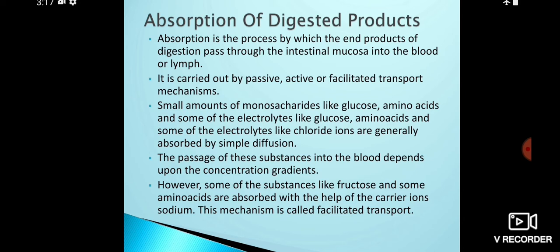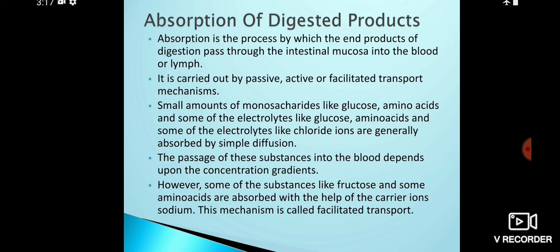These end products formed after the process of digestion are passed through the intestinal mucosa. Intestinal mucosa means they are absorbed by the villi. Please understand the meaning of absorption, then this topic becomes very easy.